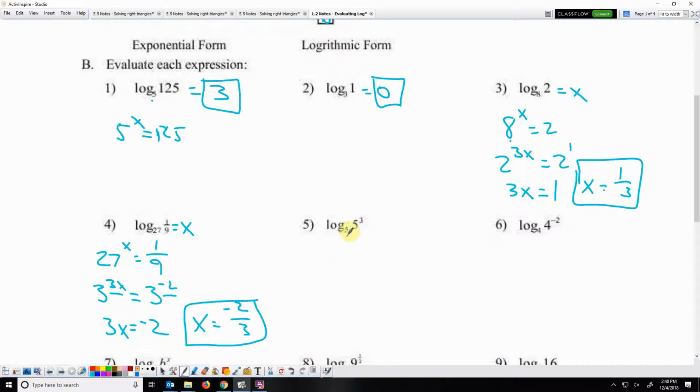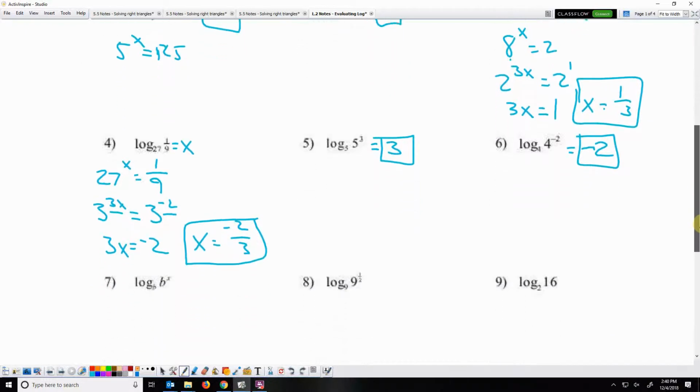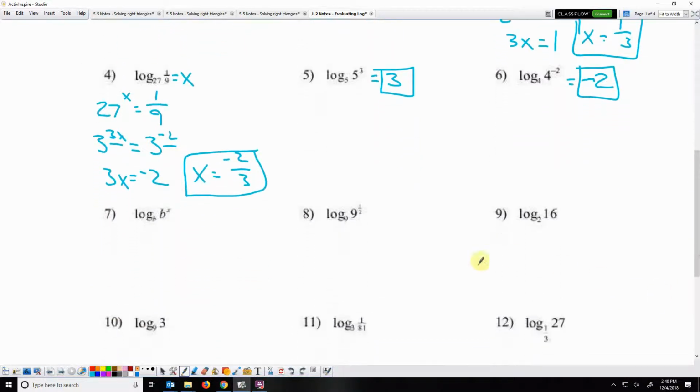That would be 5 to the third power. 4 to what power makes 4 to the -2 power? 4 to the -2 power. b to what power makes b to the x power? b to the x power.